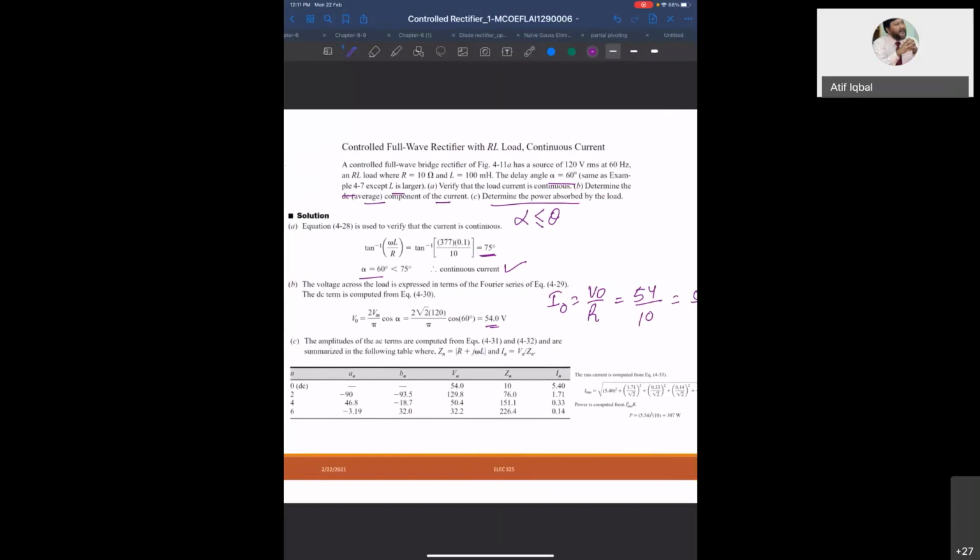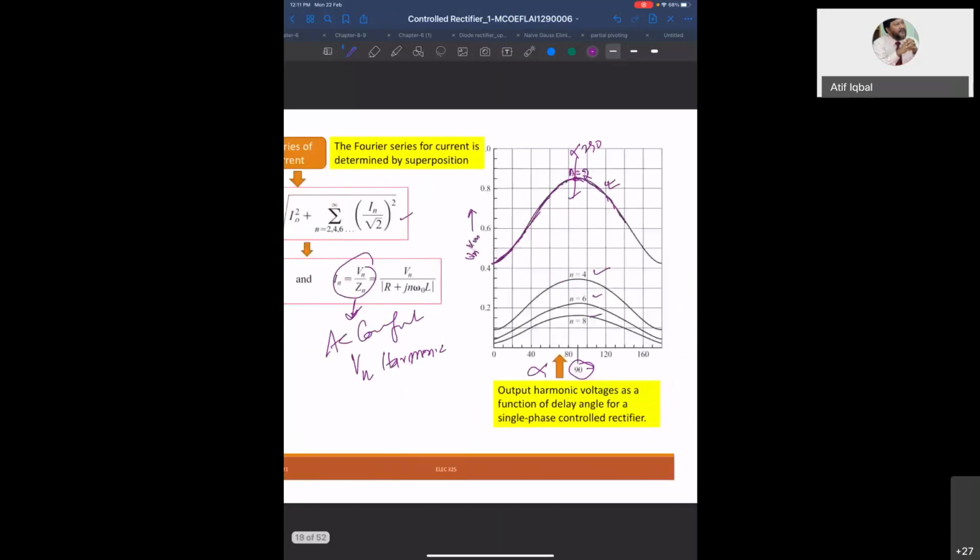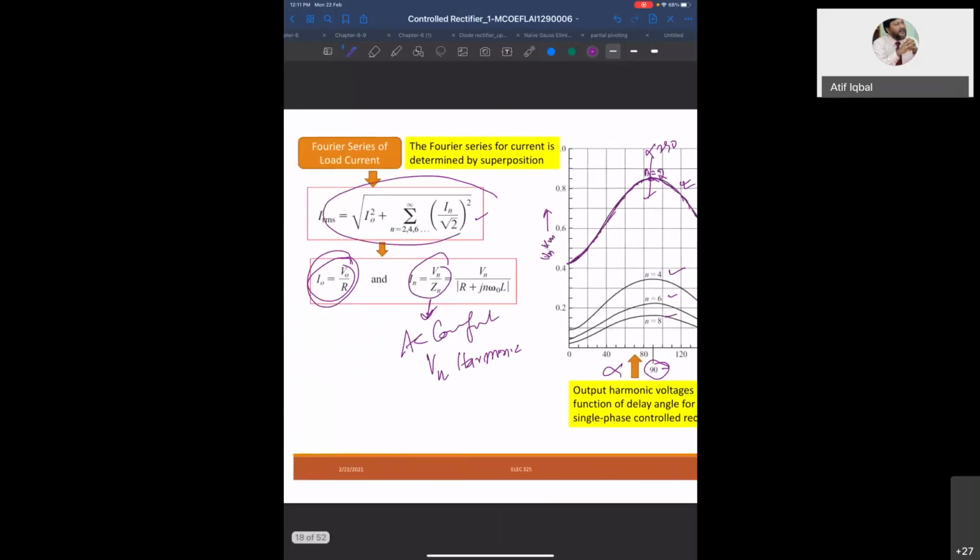To determine the power absorbed, we need to calculate the RMS current. IRMS is given as this. This is the average, and then this is the second harmonic, fourth harmonic, and so on.